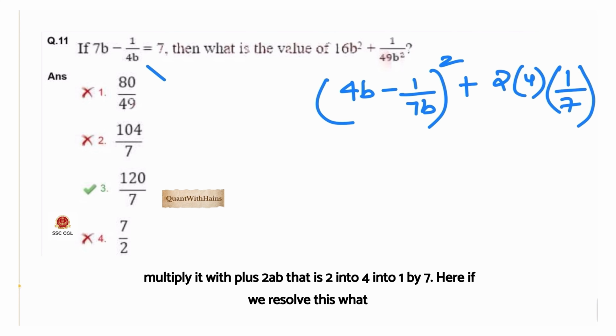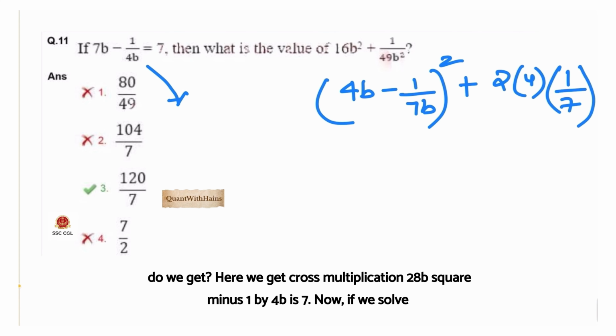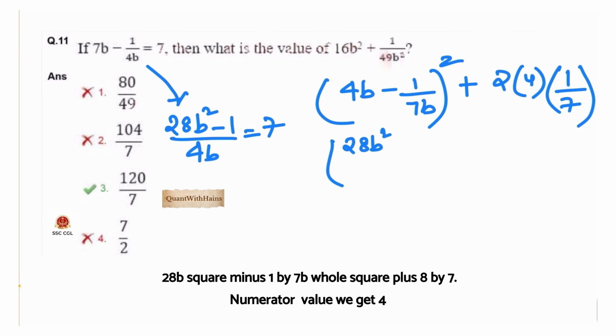Here if we resolve this, what do we get? We get cross multiplication, 28b square minus 1 by 4b is 7. Now if we solve, 28b square minus 1 by 7b whole square plus 8 by 7.